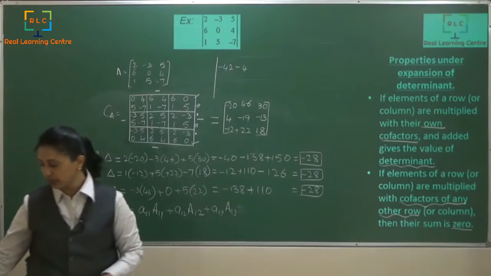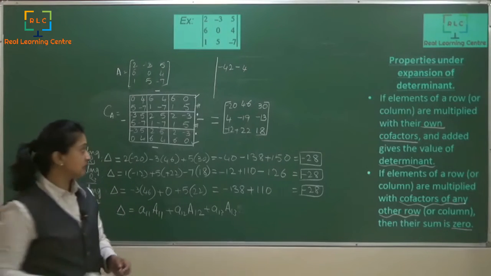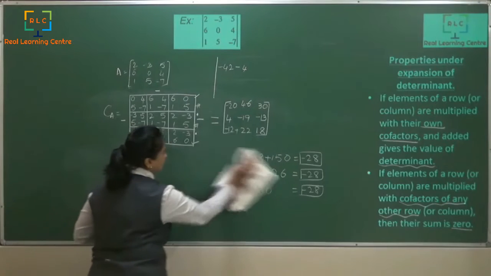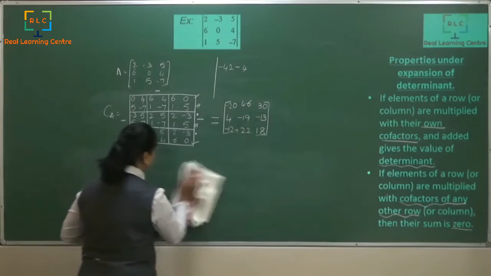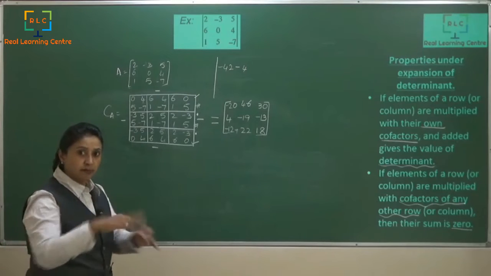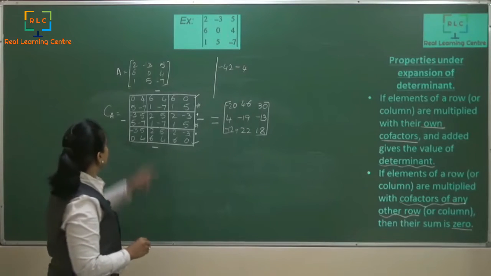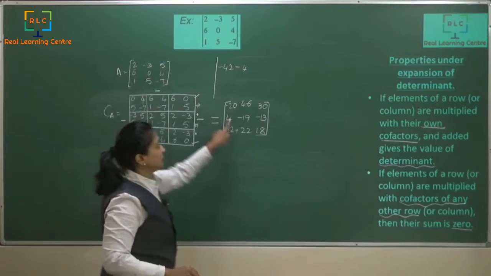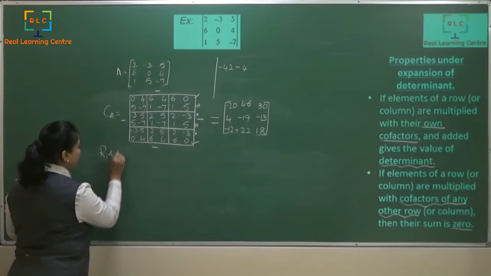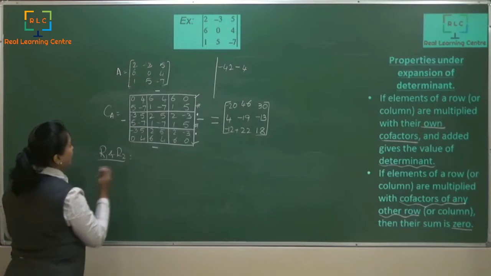Now you know the next, I am going to the next property. I will just erase all this. We are going to the next property. I shall take the elements of one row, but I shall multiply the first row elements with some other row cofactors. So I'll use R1 and I'll use R2 here. So let us see what we get. Then what happens?